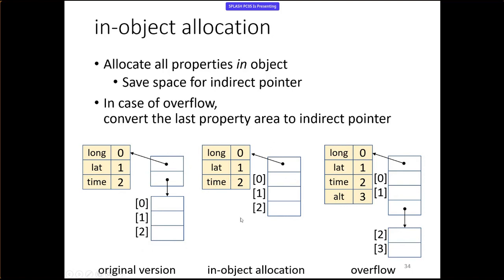And this in-object allocation eliminates the indirection pointer, so we can save this area. If an extra property is added and the in-object property area overflows, we convert the last property area into the indirect pointer.